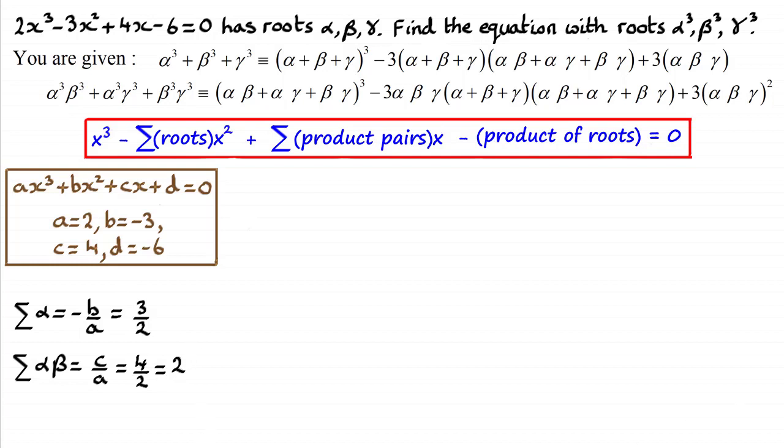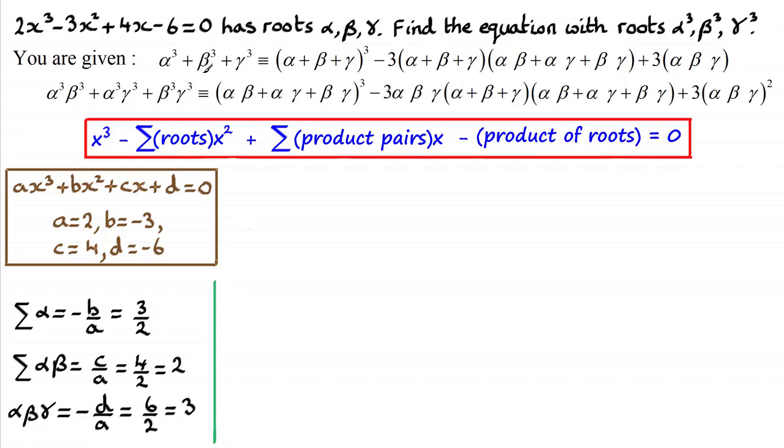And also, we've got the product of the roots, alpha beta gamma. That's given by minus d over a. So that's negative minus 6 divided by 2, and that's going to give us 3. So we can use these results now, put these values into our identities and get the corresponding values.